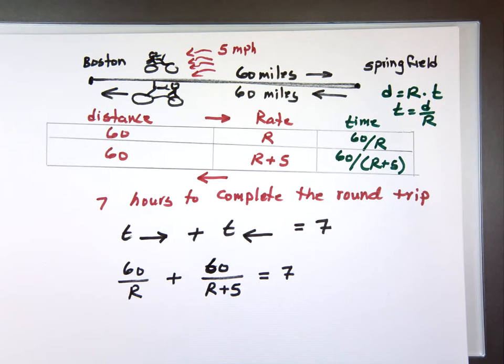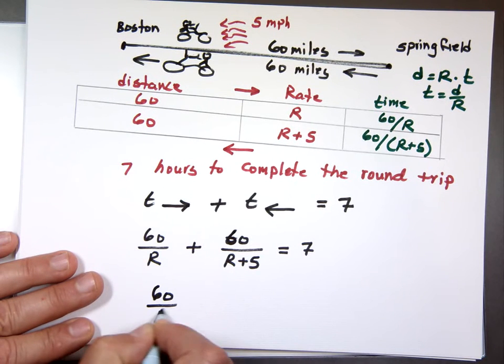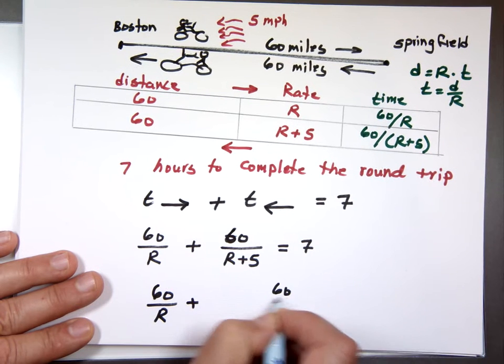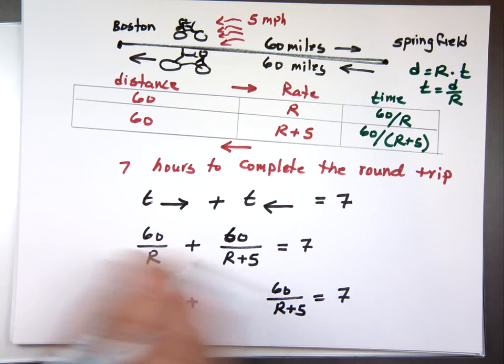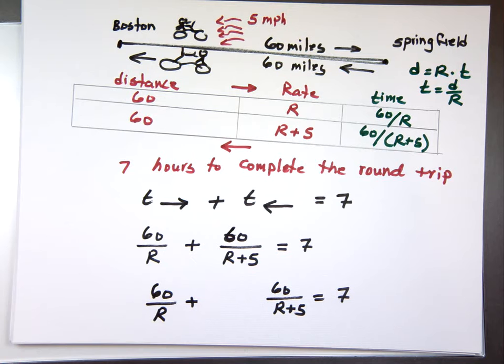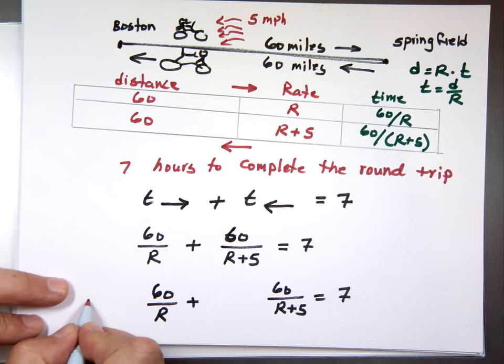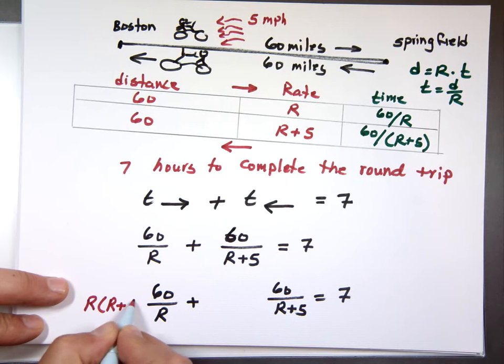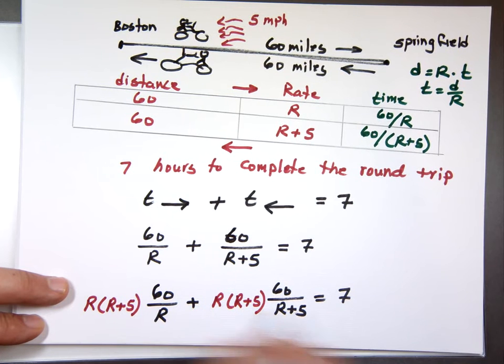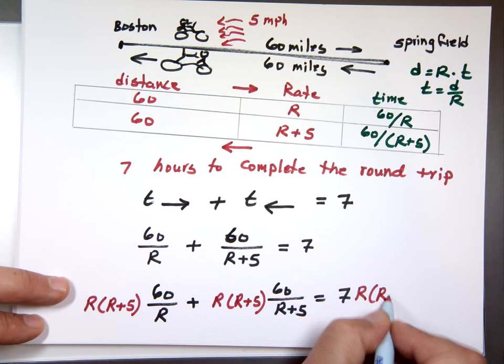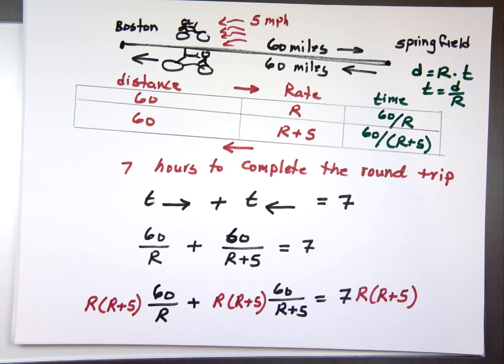What is my LCD? So given that equation, what's my LCD? R times R plus 5. Notice I'm multiplying each one by R times R plus 5. As I said before, when you multiply by the LCD, when we come out of that step, no more fractions.